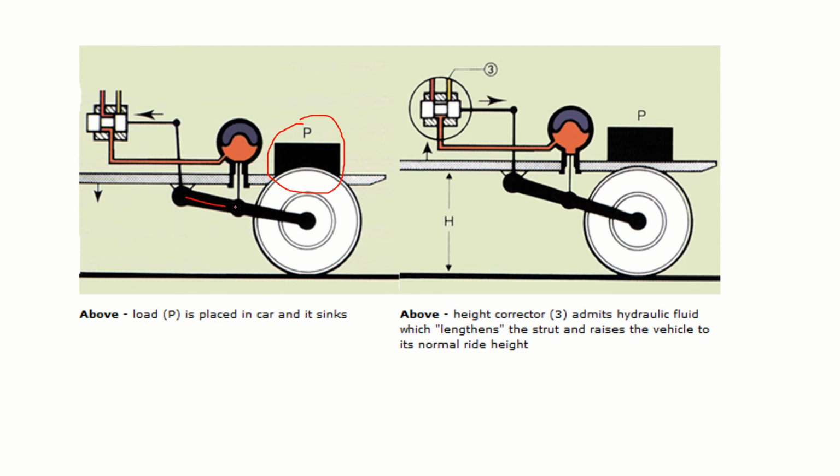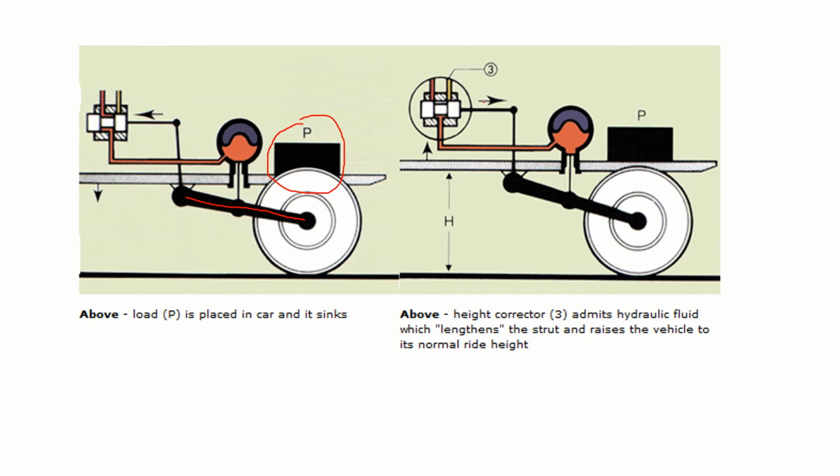Okay, you can see here it has gone down. Only thing is you have to lift it up. So to lift it up, what you have to do is pump in oil. Okay, so it can lift this one.